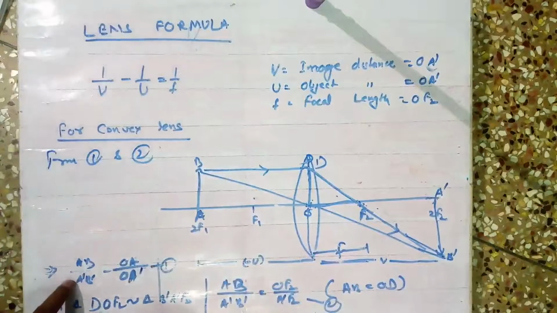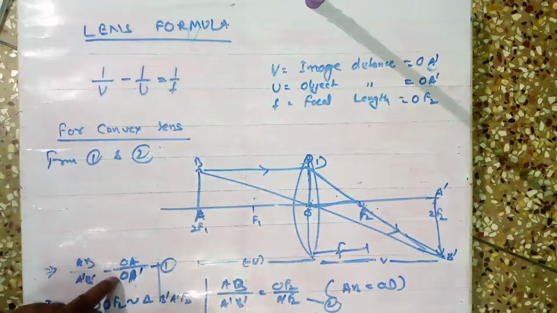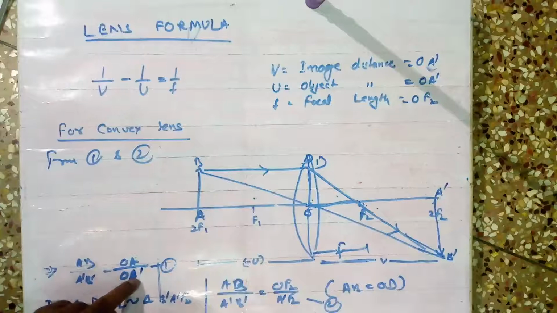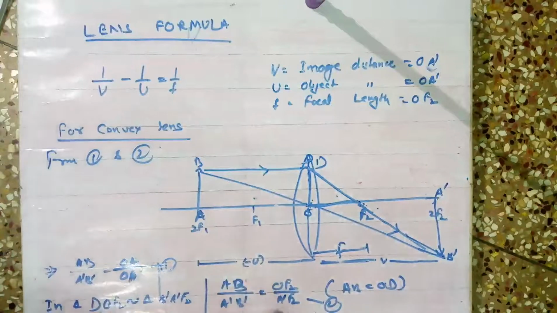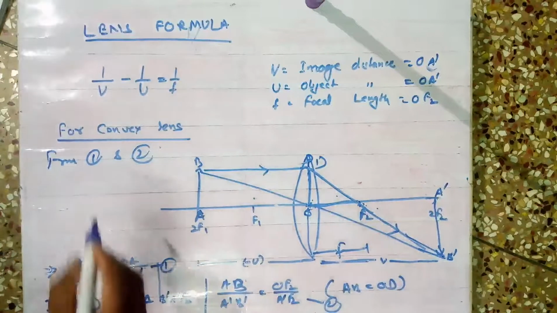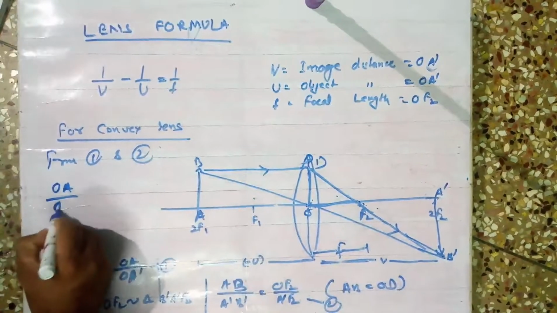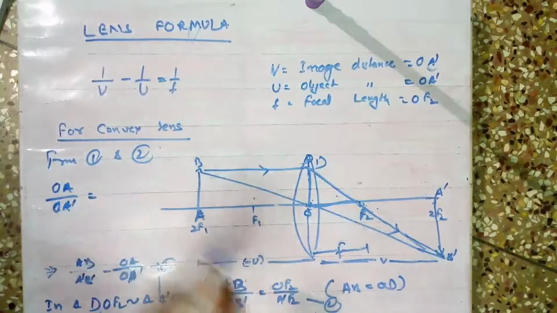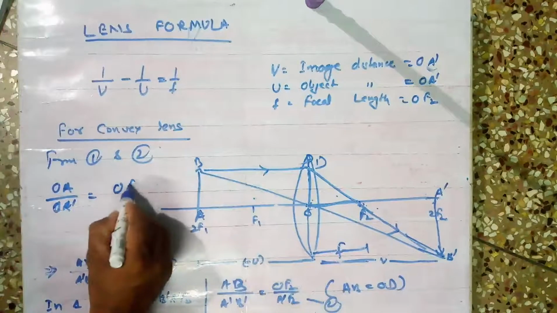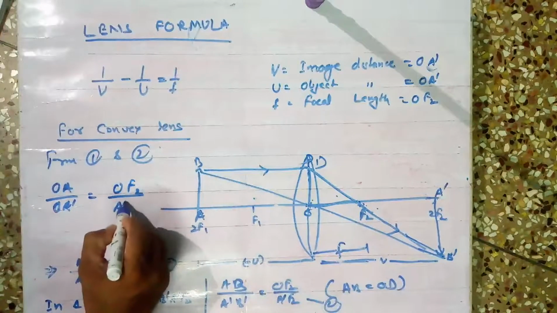AB by A prime B prime is equal to OA by OA prime. But here you got OF2 by A prime F2. So you write from 1 and 2, OA by OA prime is equal to OF2 by A prime F2.